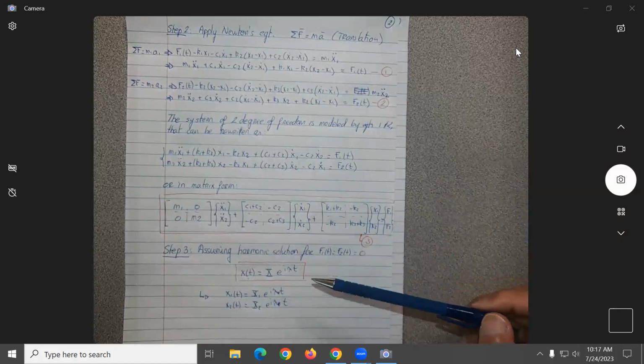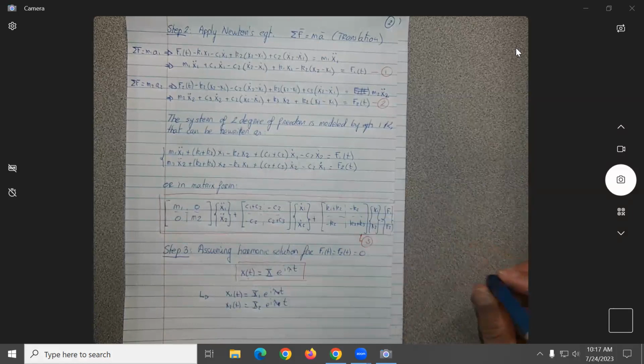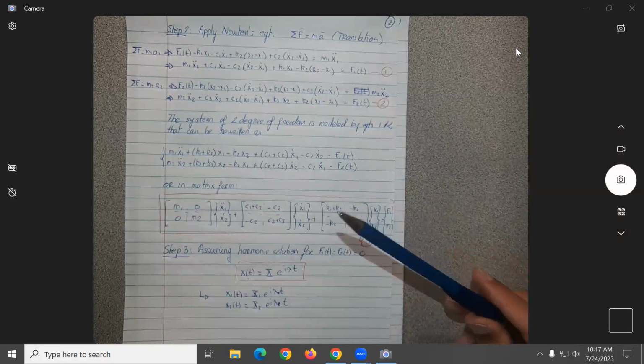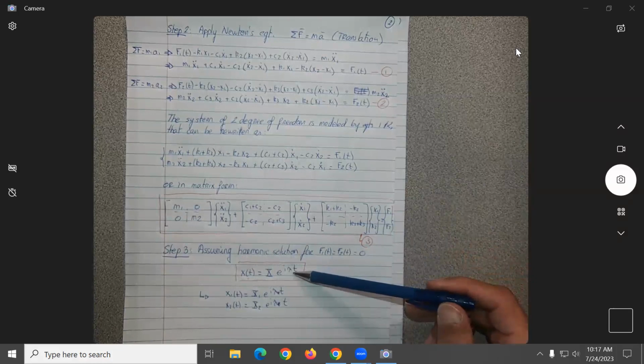What is lambda in this case here? I mean, you're going in the right direction. So basically, when I use lambda, I'm talking about the natural frequency. Correct? The frequencies at which the structure is going to vibrate.